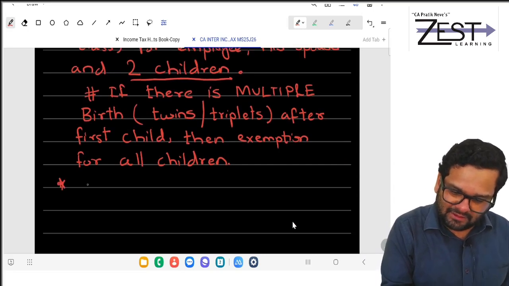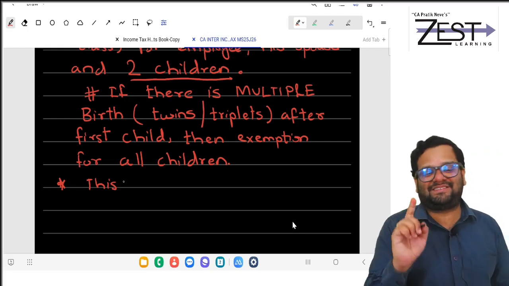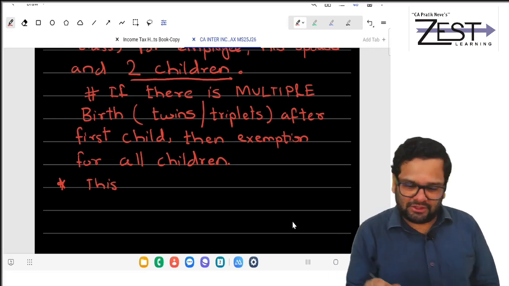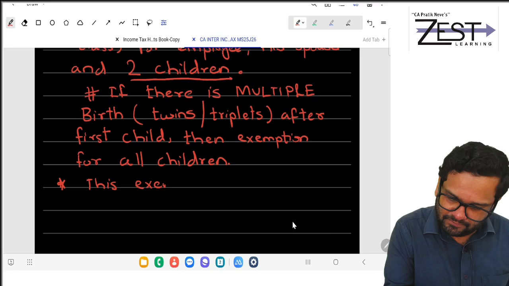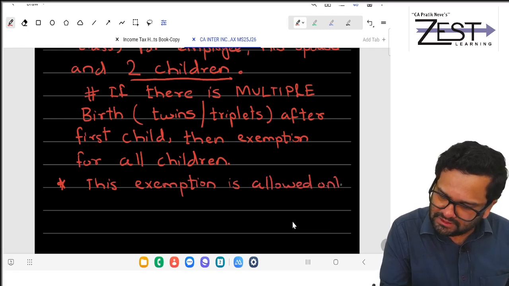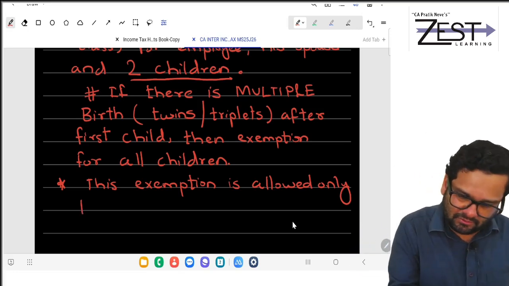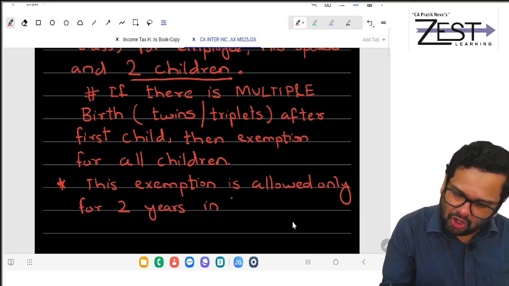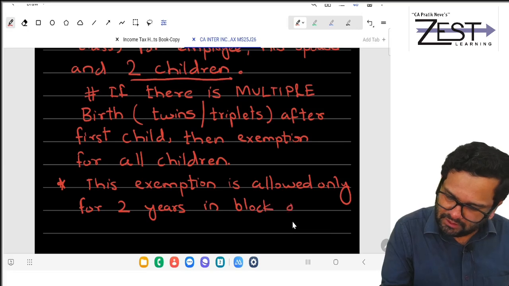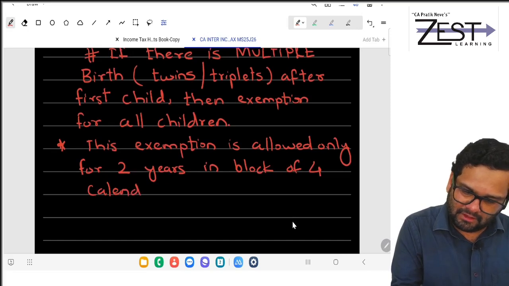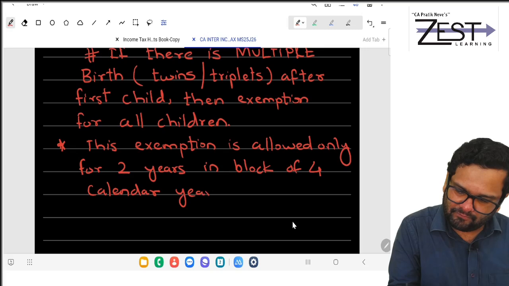And then this exemption is allowed only twice in a block of 2 years. In a block of 4 years. Sorry. So this exemption is allowed only for 2 journeys in a block of 4 calendar years.